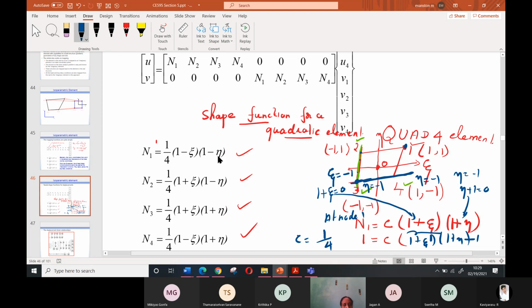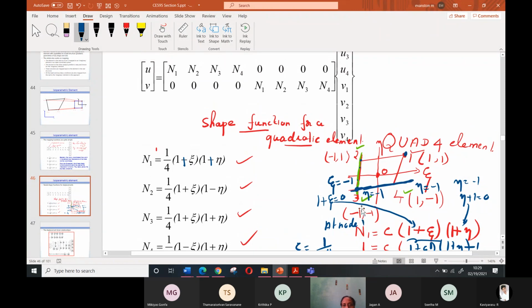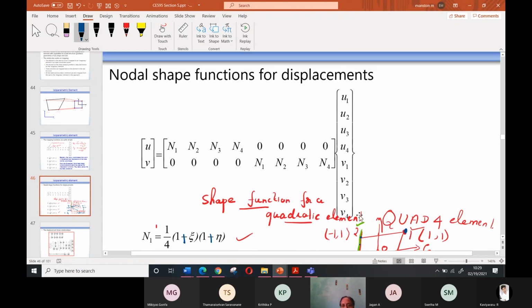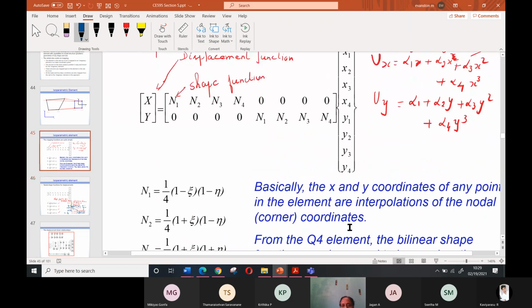So don't copy this one. This is 1 plus eta times 1 plus xi, because of the notation I have taken, this as 1. If I take this as 1, then I will get the value differently, because here what is the N1 value?